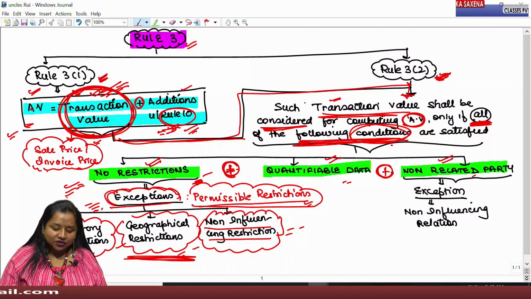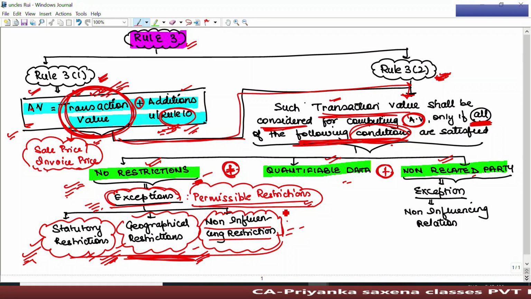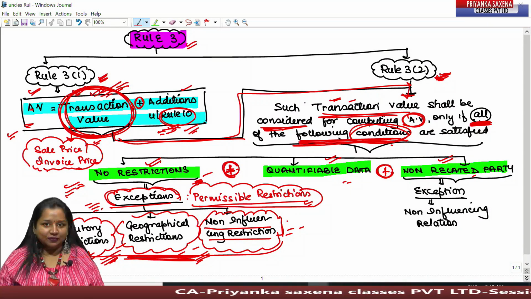The three restrictions are: one, statutory restriction, any restriction imposed under statute or law; two, geographical restriction, which is because of rational distribution of resources; or three, non-influencing restriction, any restriction after which the price of goods is not influenced. In these three cases, the transaction value can be considered under Rule 3.